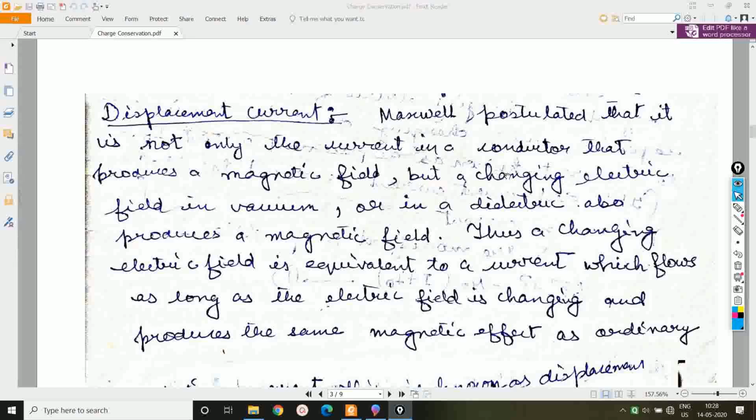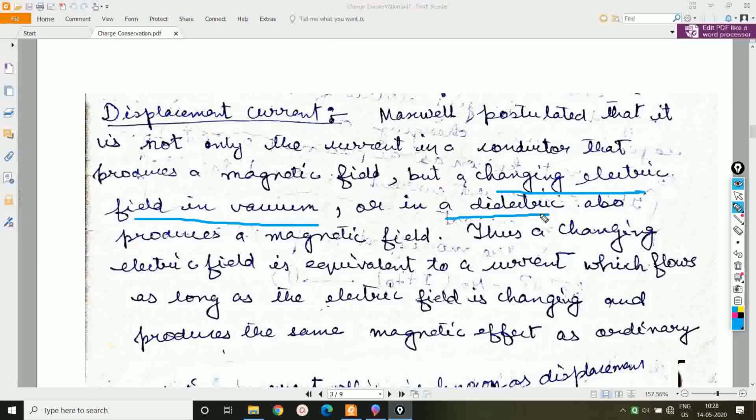But Maxwell postulated something else. He told an interesting thing, that a changing electric field in vacuum or even in a dielectric can also produce a magnetic field. It was a revolutionary idea at that time, because people did not think that there was a linkage between electric field and magnetic field in that way.